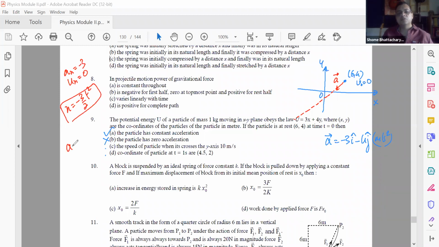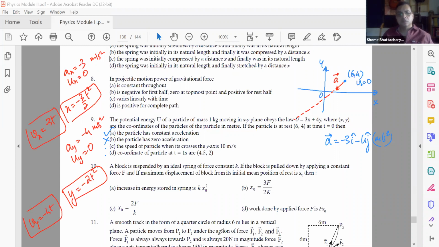And since the y component of acceleration is minus 4 and the y component of initial velocity is 0, the y component of displacement will be minus 2 t square. And the y component of velocity will be minus 4t, like this.